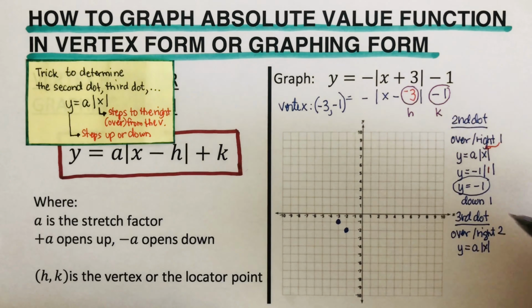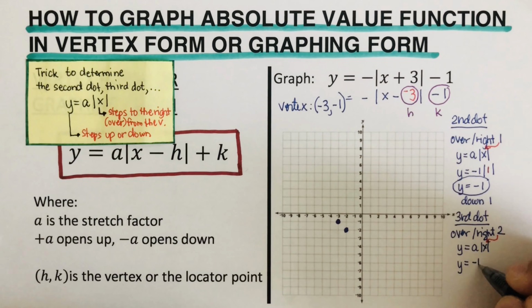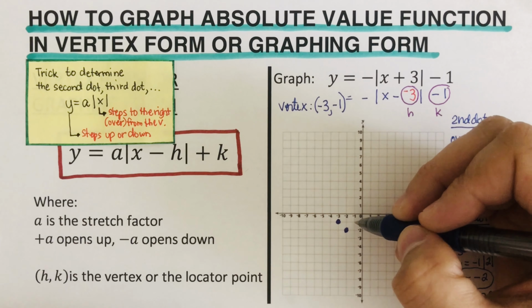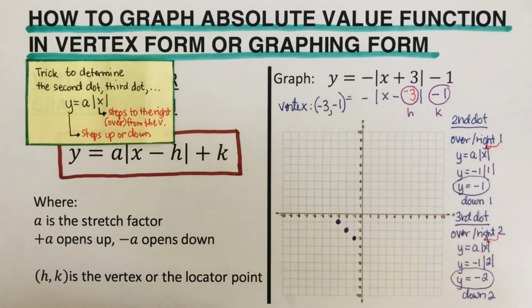And then again, we plug in the 2 to the x. So this becomes y equals, our a is negative 1, and then absolute value of 2. So then we have y is equal to negative 2. So that means we go down 2. So right 2, down 2. This is where the other dot is going to sit.